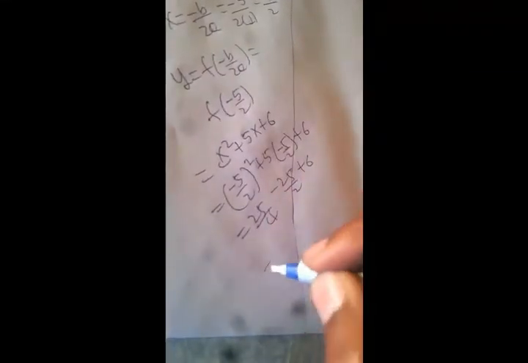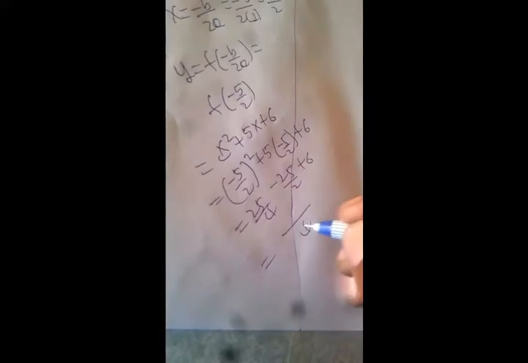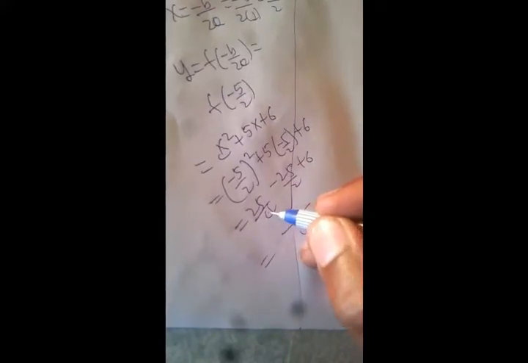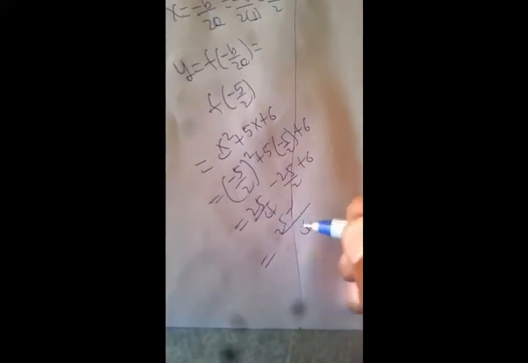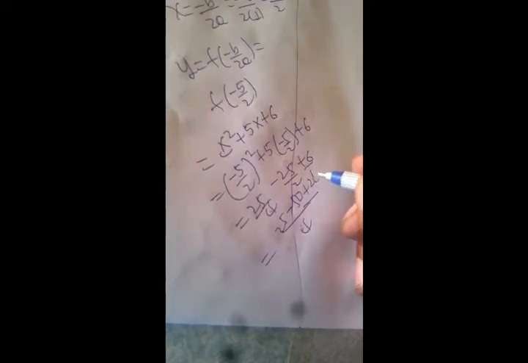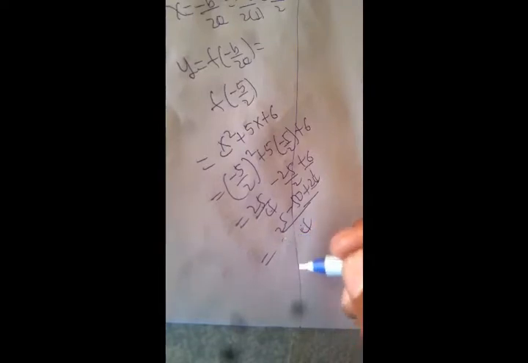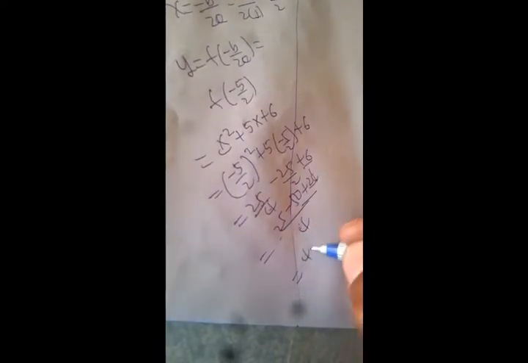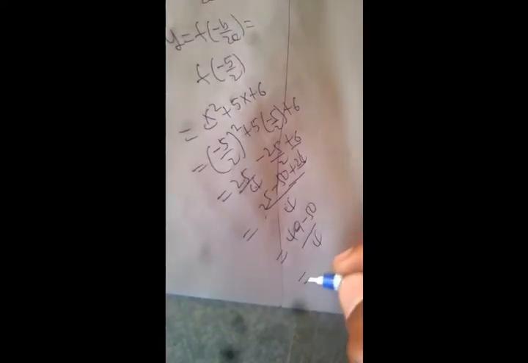So we take 4 common. 4 divided by 4 is 1, 1 times 25 is 25. Minus, 4 divided by 2 is 2, 2 times minus 25 becomes 50. 4 times 1 is 4, 4 plus 6 is 24. Therefore, 24 and 25 will be 49 minus 50 over 4. Therefore, it will be minus 1 over 4.